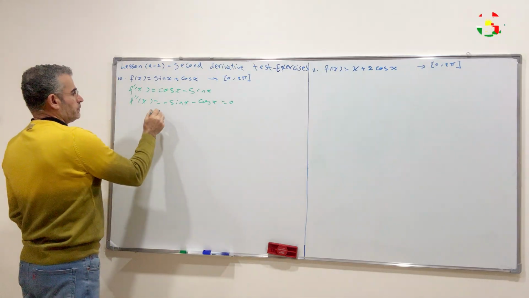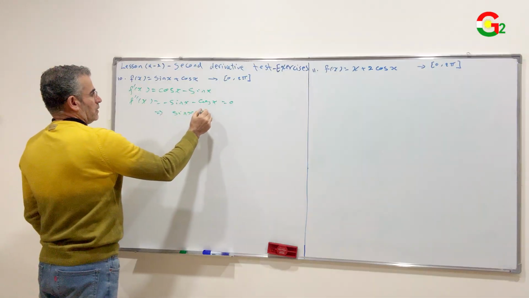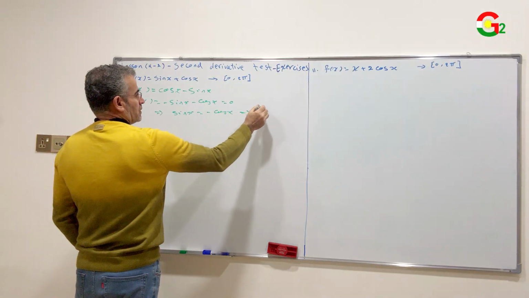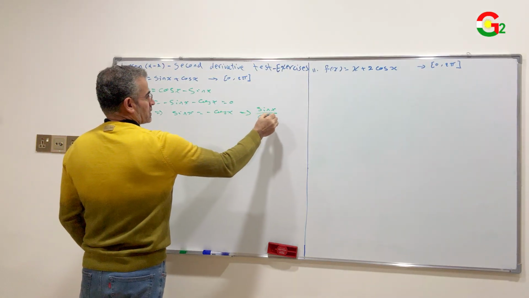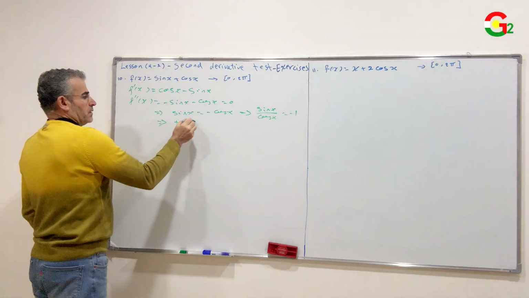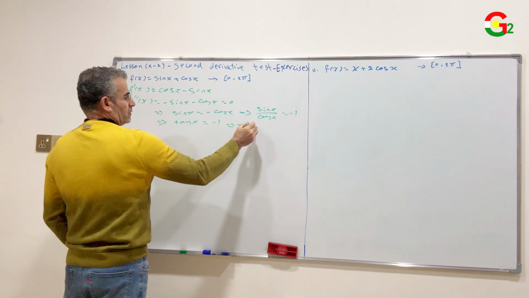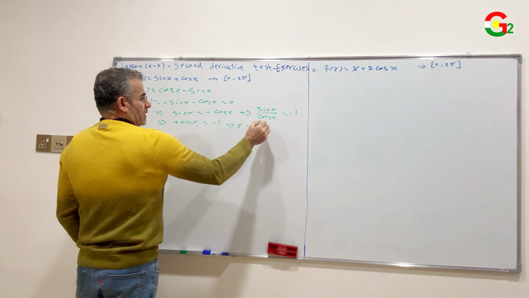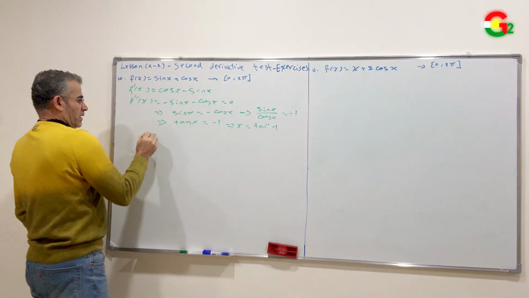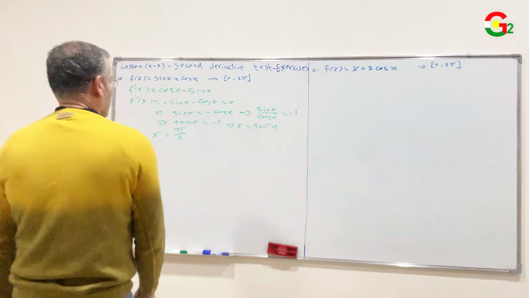Then sine x equal to negative cosine x. Then sine x over cosine x equal to negative 1. Then tan x equal to negative 1. Then x equal to tan inverse of negative 1.